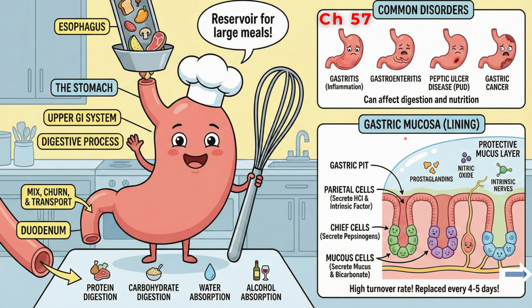The gastric mucosa contains deep glands with parietal cells, which secrete hydrochloric acid and intrinsic factor, and chief cells, which secrete pepsinogen. Mucous cells secrete mucus and bicarbonate to protect the stomach lining.